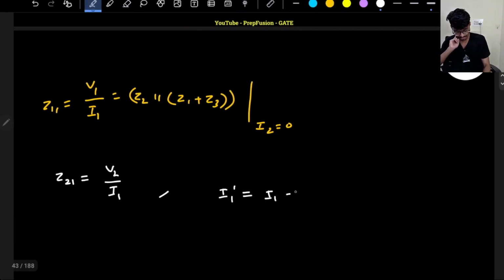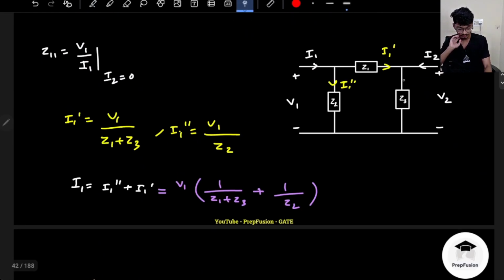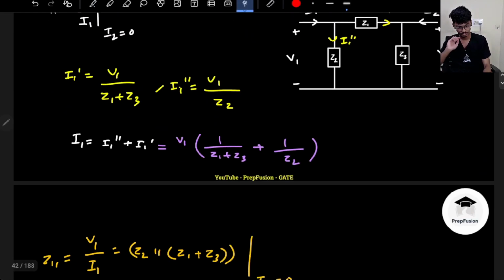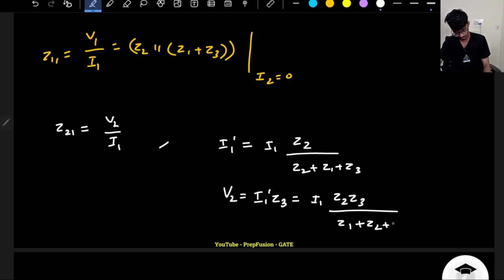So opposite impedance is Z2 upon the overall impedance, that is Z2 plus Z1 plus Z3. And what is my V2? V2 is I1 dash into Z3. So I1 dash will be I1 into Z2 divided by all of these things. So it will be I1 into Z2 Z3 divided by Z1 plus Z2 plus Z3.